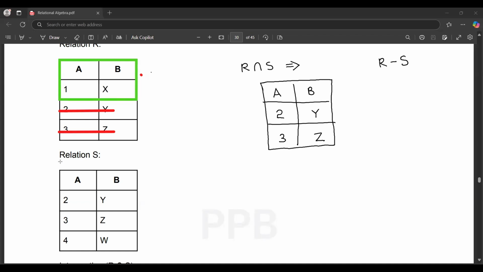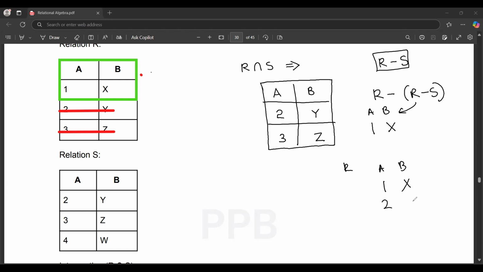And now the second step, we can't stop there. We have to do the second step. The second step is R set difference (R set difference S). And this had the tuple 1x. R has A, B, 1x, 2y, 3z.